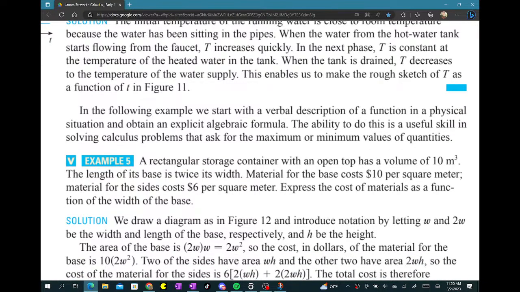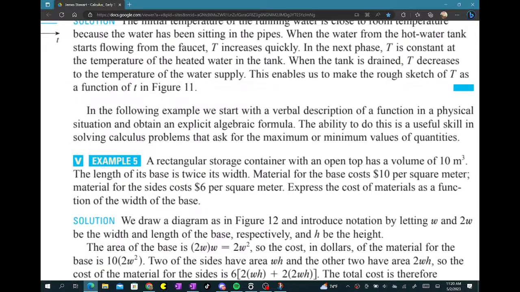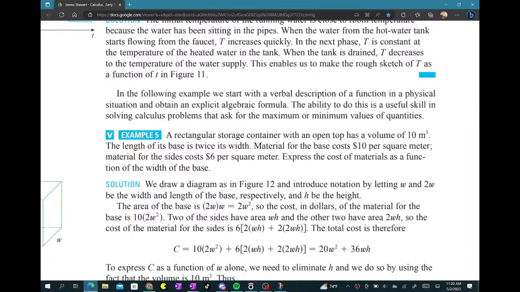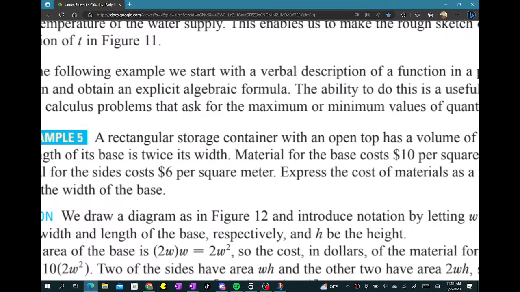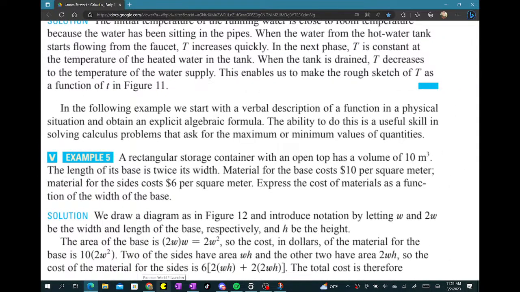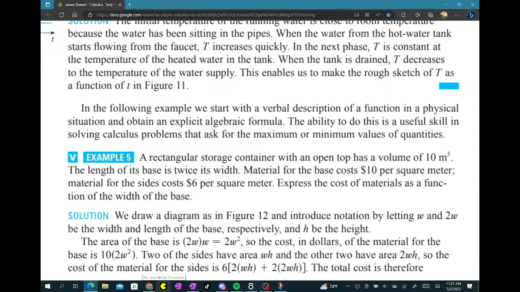Material for the base costs $10 per square meter. Material for the sides costs $6 per square meter. Okay. Material for the base costs $10 per square meter.